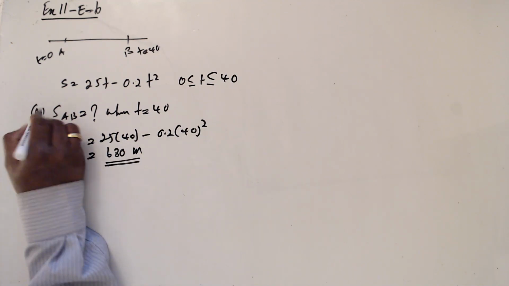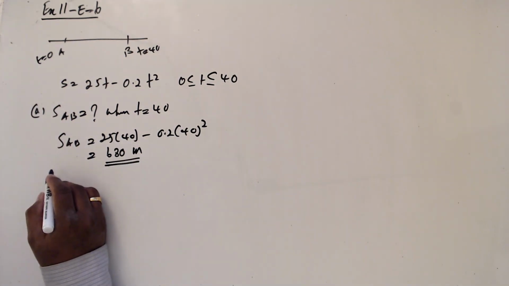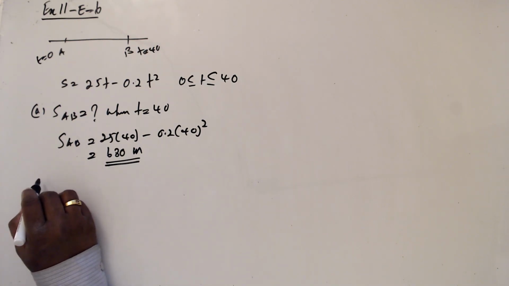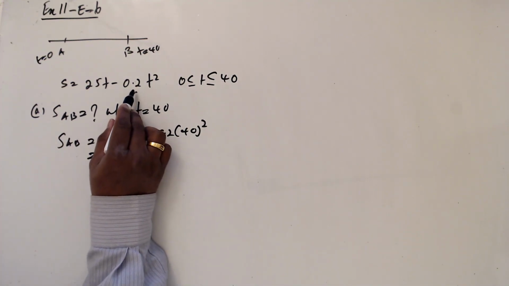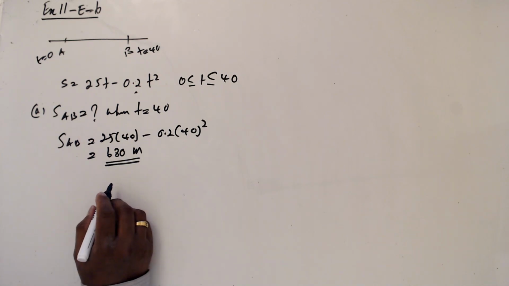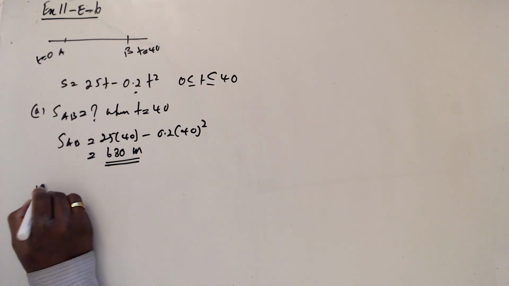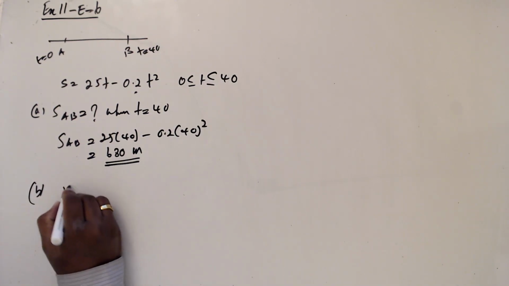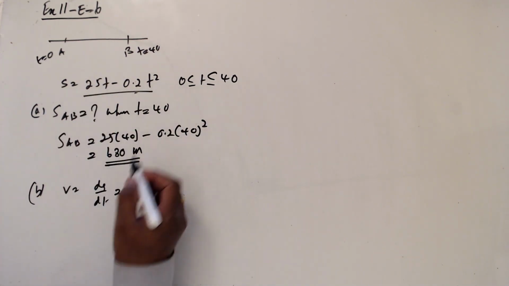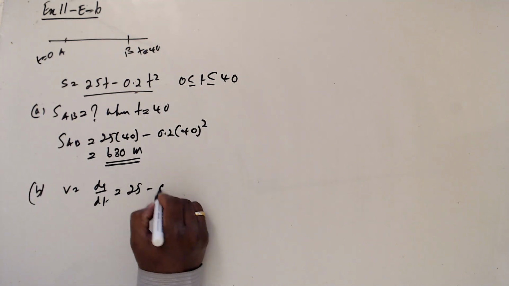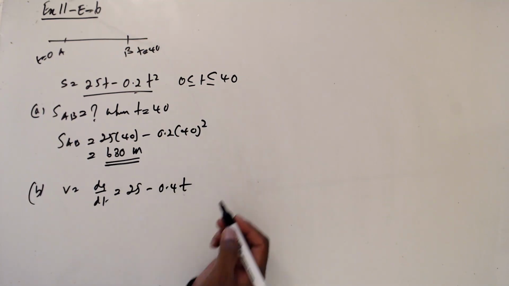That is part A. Part B, so that the train traveled with a constant acceleration. So we have to differentiate two times. So part B. v equals ds over dt. So differentiate this one. This is going to be 25 minus 0.4t.